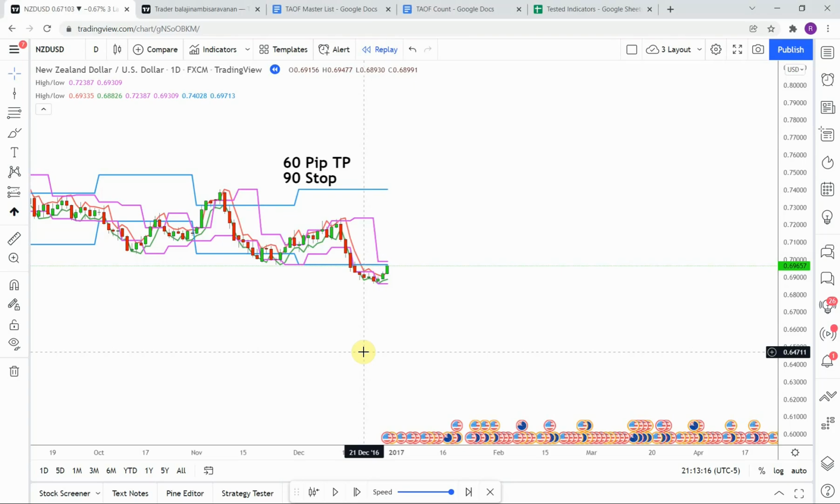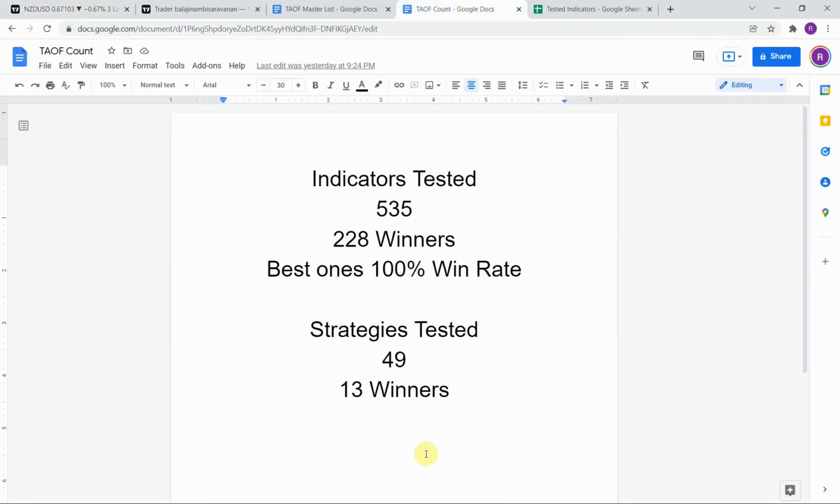Alright, as I said, today we will be testing the supply and demand zones indicator. Before we do though, I wanted to put the testing scoreboard up for everyone to see. So to date, we have tested a total of 49 different strategies, with 13 of them being profitable. We have also tested a total of 535 indicators, with 228 of them being winners.